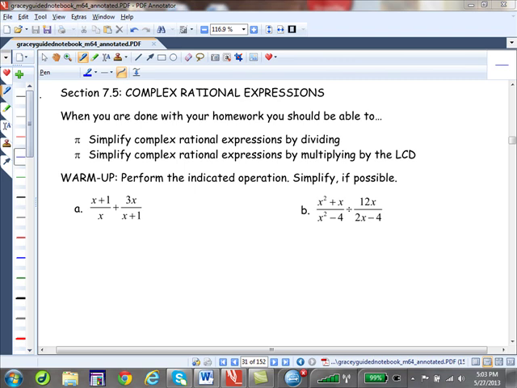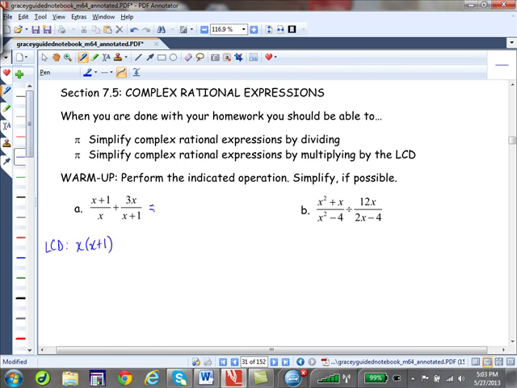With the first one, we're going to go a little more quickly. Do you see that the LCD will be x times quantity x plus 1?